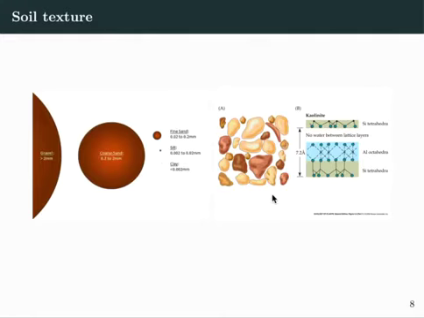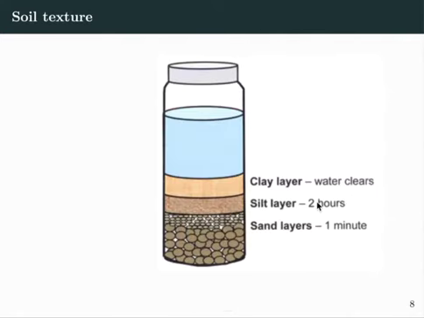And so the sweet spot of soils is to have a mix of sand and clay and particles that are in between these sizes called silt. So good soils have some mixture of sand, silt, and clay. We can see those when we take a pile of dirt and put it in a jar of water.